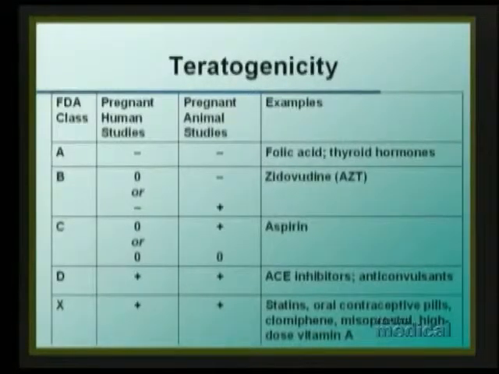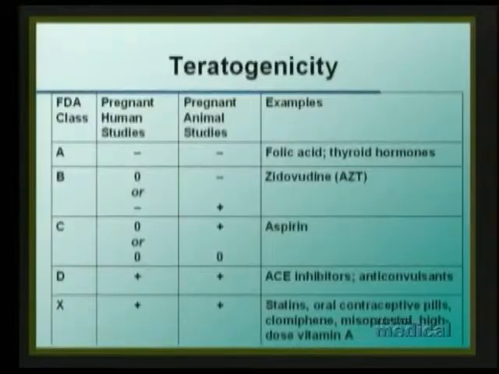For your exam, realize that a class A drug is a drug for which there have been pregnant human studies and pregnant animal studies done, and in both cases the minus sign in the table means those studies showed no teratogenicity.